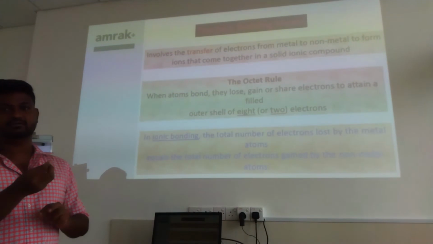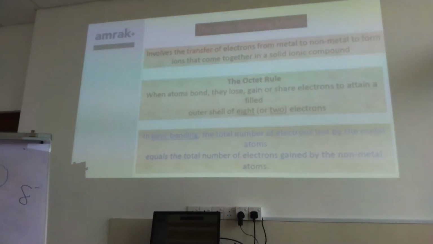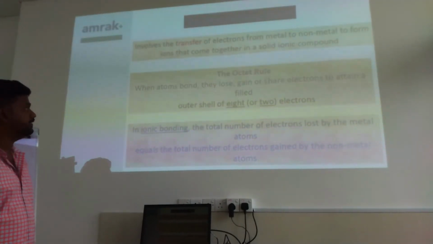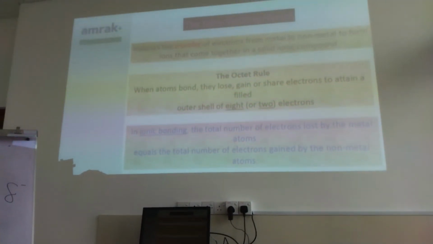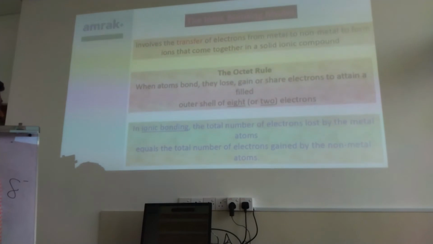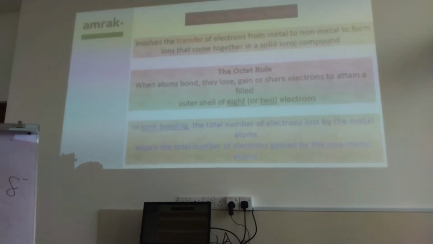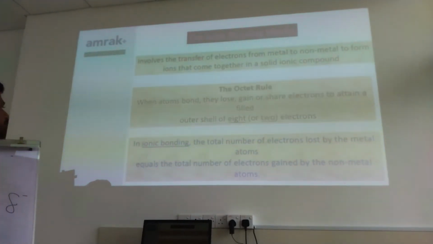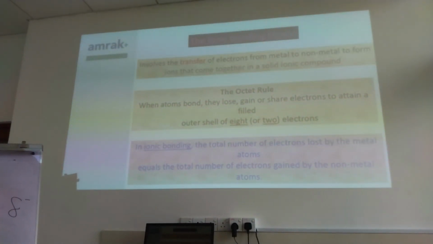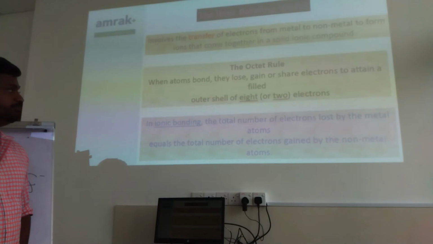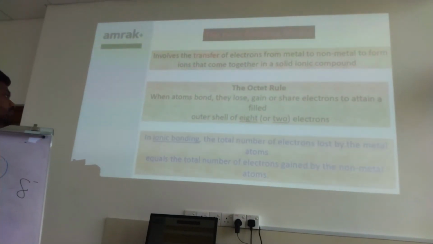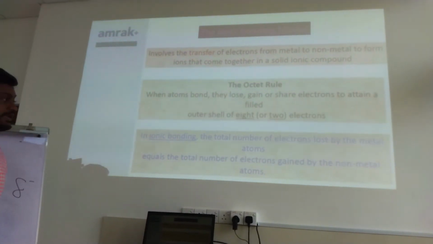So the octet rule: when atoms bond, they lose, gain or share electrons to attain a full outer shell of 8 electrons. In ionic bonding, the number of electrons lost by the metal atoms equals the number gained by the non-metal atoms.